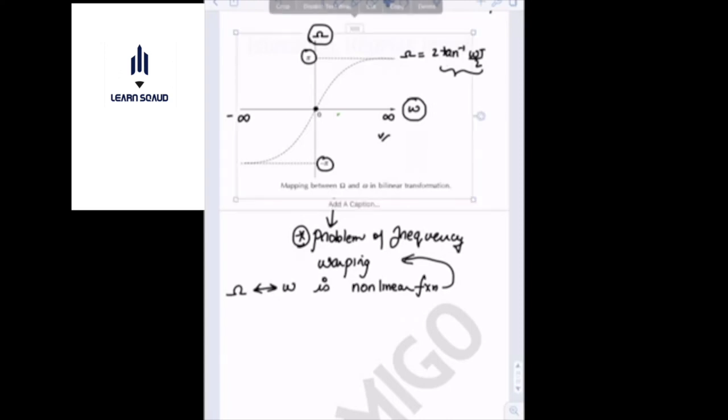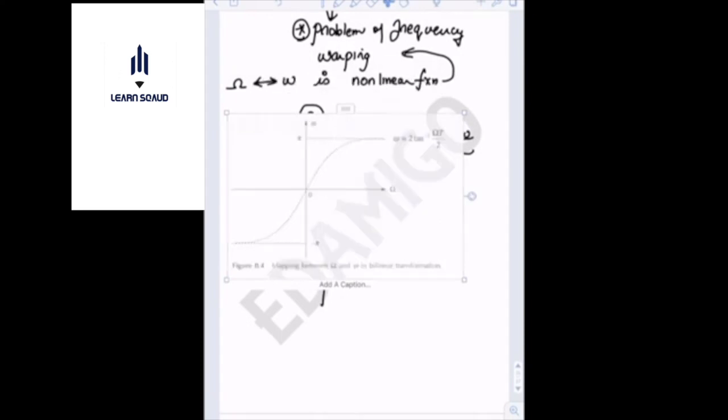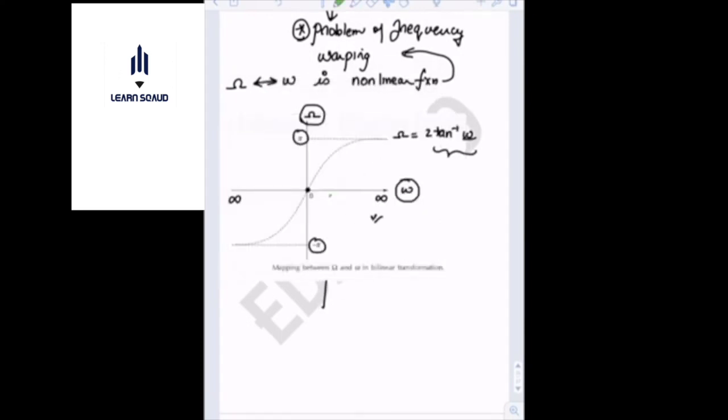For this, let me copy the figure and paste it here. Okay. Now just look at the continuous frequency omega axis. So let us take these values. I'm marking the values with green. These values on the digital frequency axis will be visible over this region.